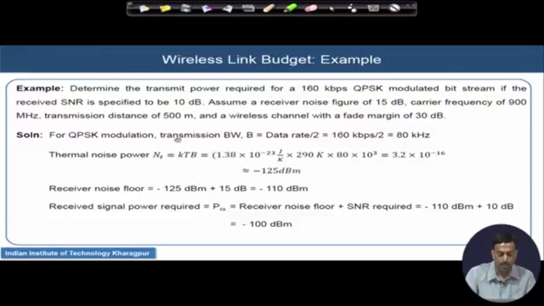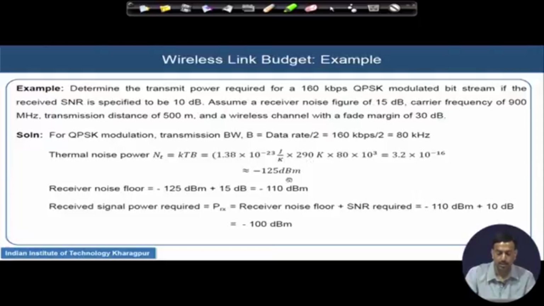So what we do is we first find out the transmission bandwidth B required, and for the QPSK modulated stream we are aware that the transmission bandwidth is half the data rate, and it turns out to be 80 kilohertz. Based on this B, we calculate the noise power using the Boltzmann constant and the standard temperature of 290 degrees Kelvin.